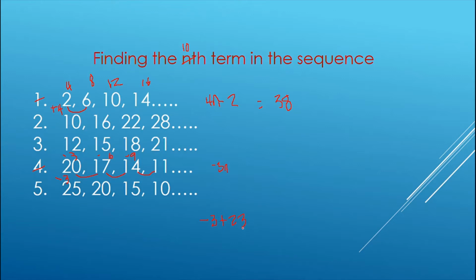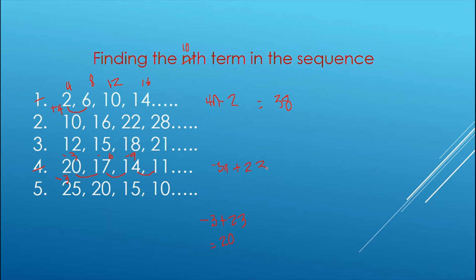It's because unlike sign means subtraction. So negative 3 plus 23, 23 minus 3 is 20, and copy the sign of the bigger number, 23, and our answer is positive 20. So for this one, negative 3n plus 23. So this is now our formula.